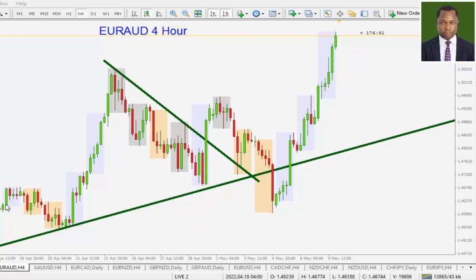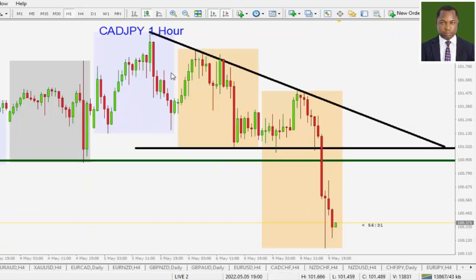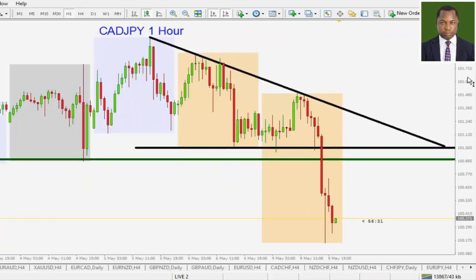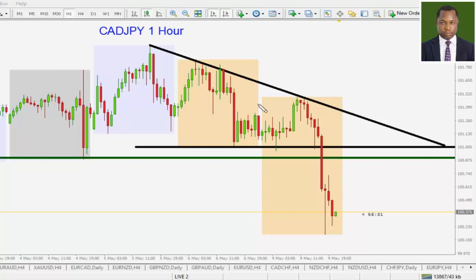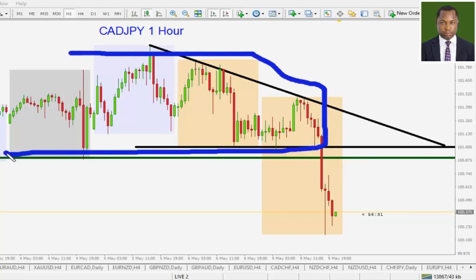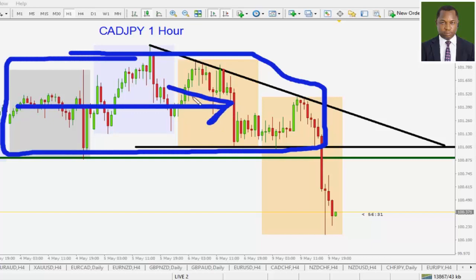Now the Canadian dollar against the Japanese yen. Remember, in our last review we talked about price going bearish. I told you that if you are looking to trade this pair, you should be looking for short opportunities. And now we got that bearish move. This is an area of congestion, and now we have gotten the breakout to the downside.